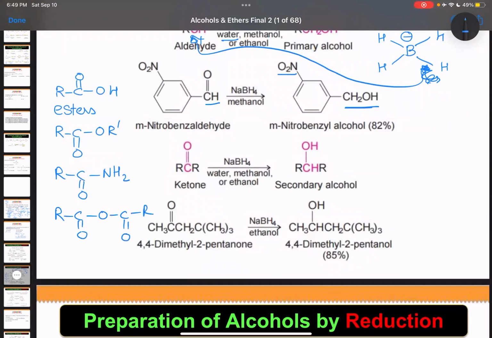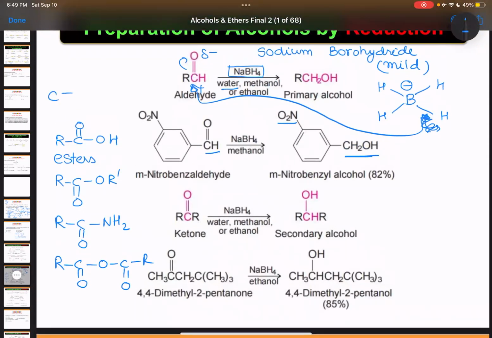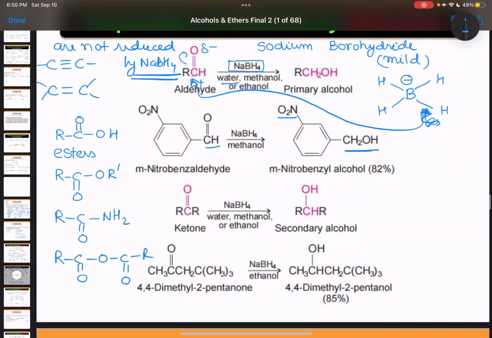They are not reduced by NaBH4, nor are the carbon-carbon double bond and the carbon-carbon triple bond. Carbon-carbon double and triple bonds are non-polar, so they are not reduced by NaBH4. That you can note down. Only aldehydes and ketones are reduced by NaBH4. Is it clear? Yes.